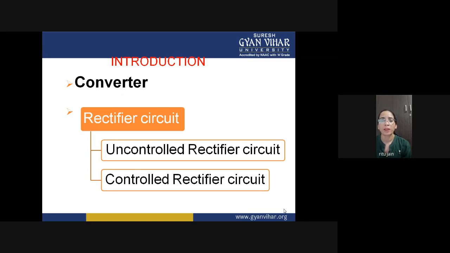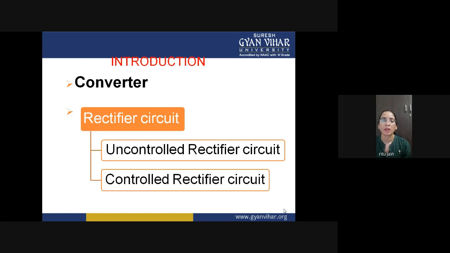As you apply a gate pulse at the gate terminal of the SCR, by applying the gate pulse you are injecting some electrons at the junction J2.